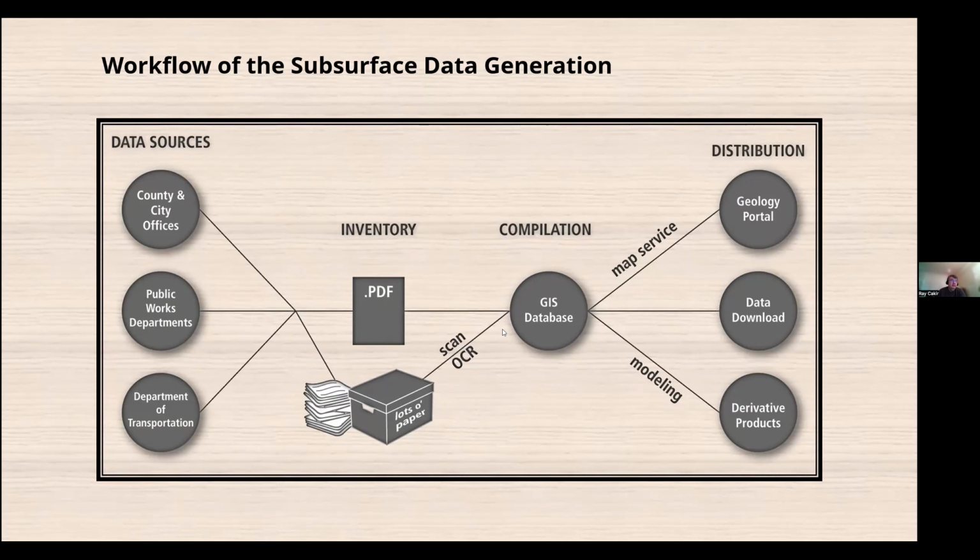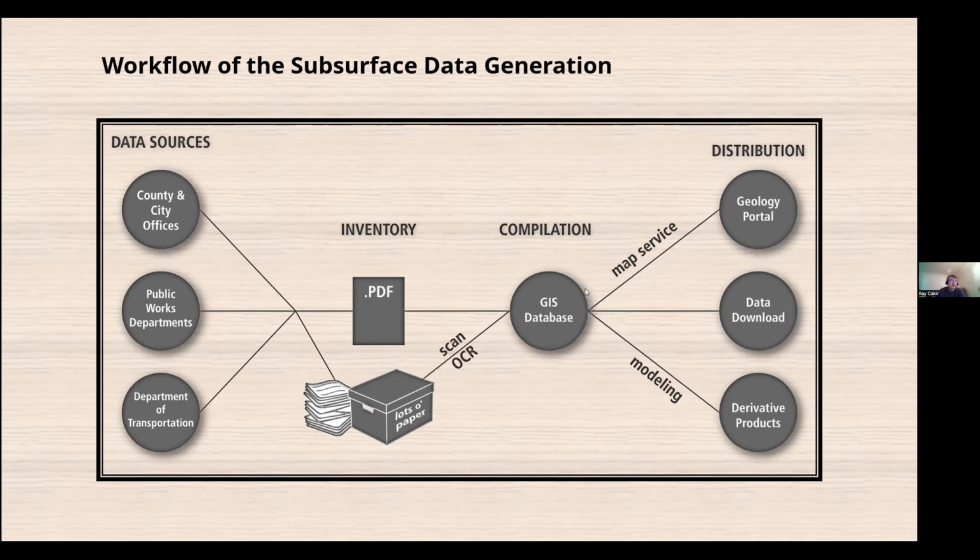Then we organize and enter all the data in the GIS database. Currently we use the ArcGIS Pro environment, so it goes from the georeferencing all the way to the portal in that environment.